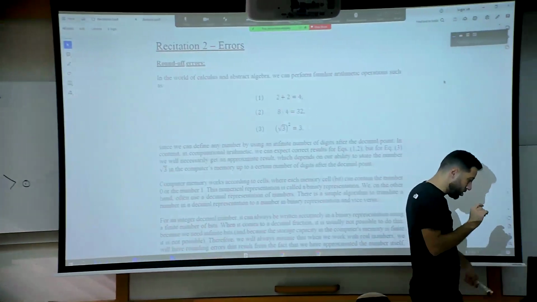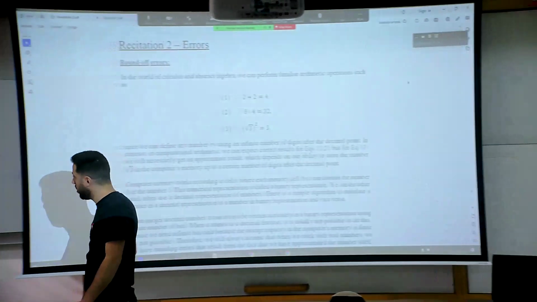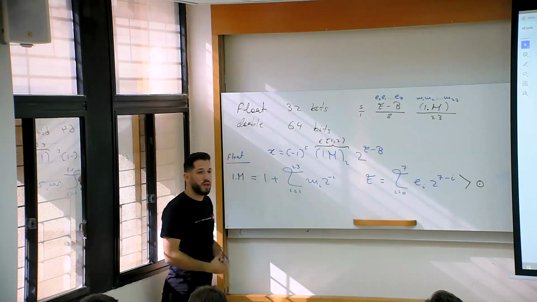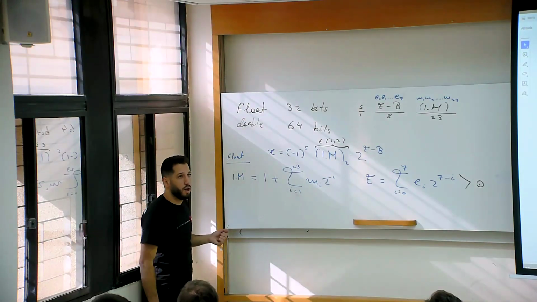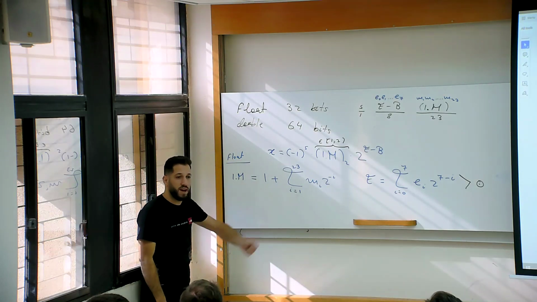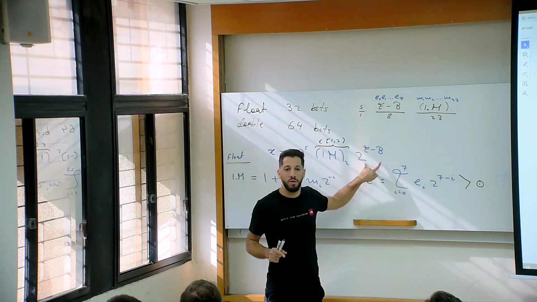We chose this way of renormalizing the representation of the exponent such that the information about the value is here, and we have another piece of information, the order of magnitude.